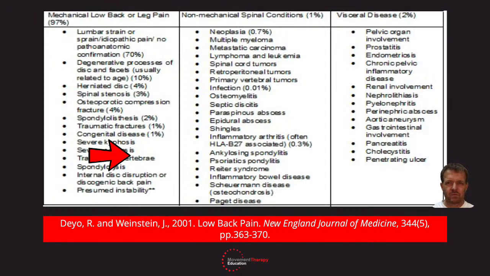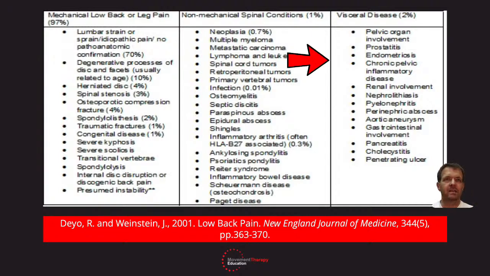Again, this is back in 2001, so it would be interesting to see if the study's been done again. What they're saying is that 70% of lower back pain coming in is because you've strained something, and if you rest and sit down or adopt a certain position, usually it then doesn't hurt because you're not straining it even more.